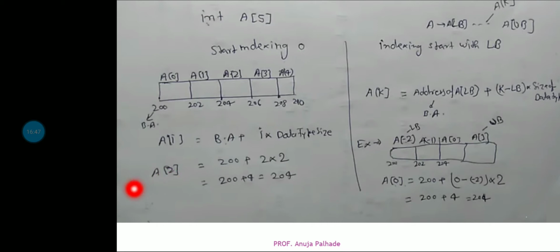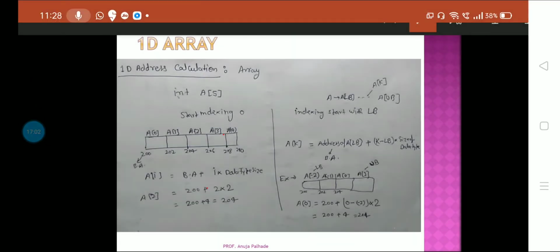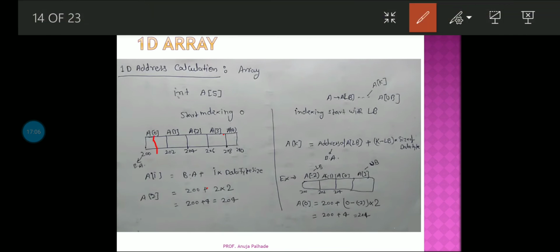Okay, so A of 2 is equal to base address. What is the base address of this array? Let me give it a minute. See, in A of 0 you can find 2 compartments: this is 200 and another one is 201.